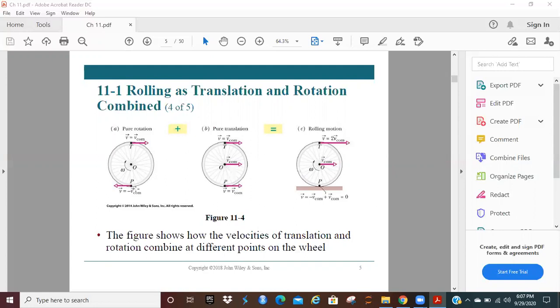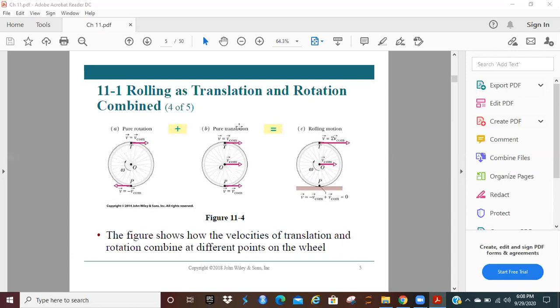Here the velocity is the same as the minus velocity of the center of mass; the direction is just different. Up here at the top, the velocity of the center of mass is the same as the velocity of that point on the wheel. This is considered to be pure rotational motion of the wheel. And then you can see the angular velocity defined there.